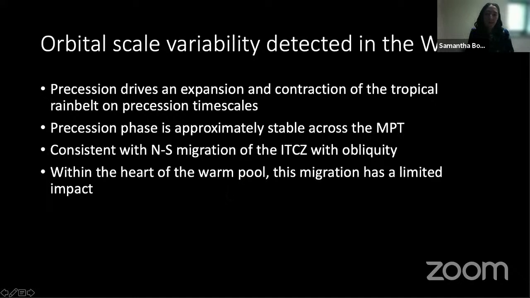All right, so at the obliquity band, our results are consistent with a north-south migration of the ITCZ. It's not what's driving variations in rainfall in the heart of the warm pool, but it doesn't discount this interpretation for sites at the margin.